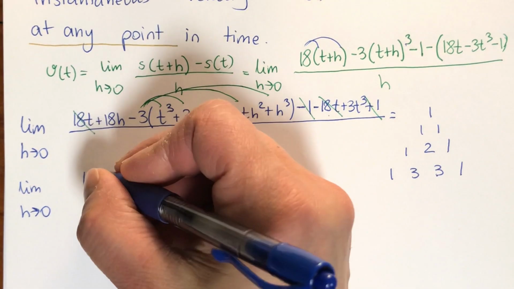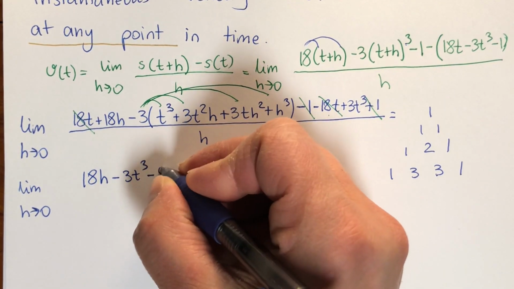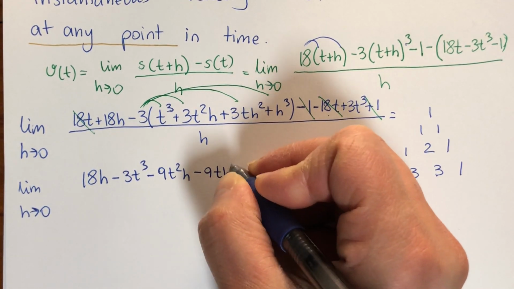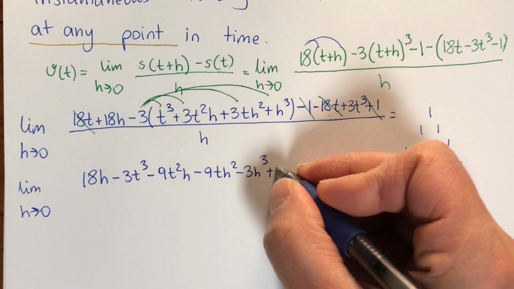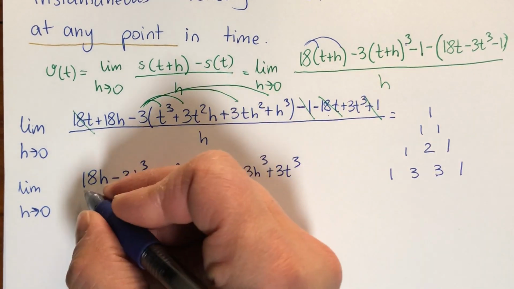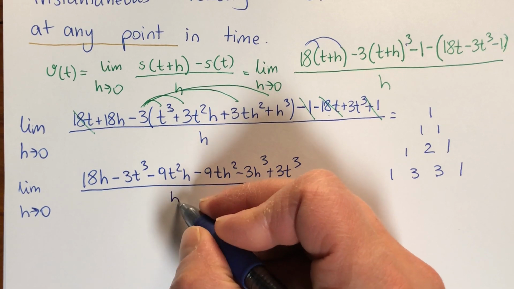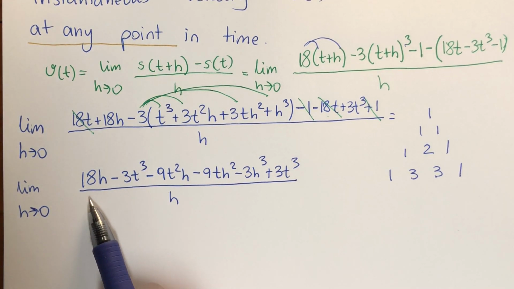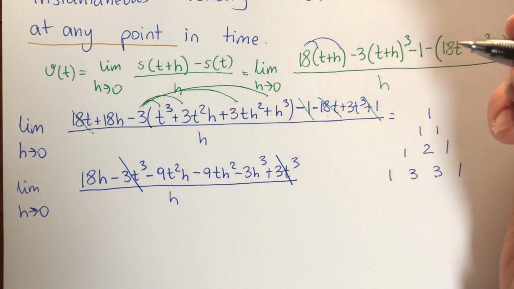All right, so 18h minus 3t to the third minus 9t squared h minus 9th squared minus 3h to the third plus 3t to the third, and that's all. h is on the bottom. So now let's see. There's nothing I can do with this term. This is convenient, negative 3t to the third and positive 3t to the third.